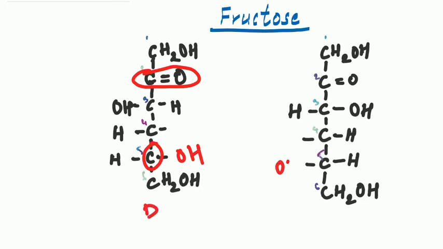When OH is on the left side of this asymmetric carbon atom farthest from the functional group, then it is the structure of L-fructose. So D-fructose structure is CH2OH, C double bond O, OHH, HOH, HOH, CH2OH. Structure of L-fructose is CH2OH, C double bond O, HOH, OHH, OHH, CH2OH.